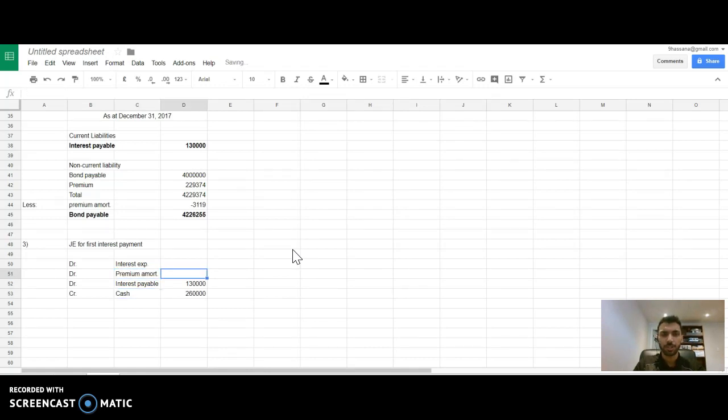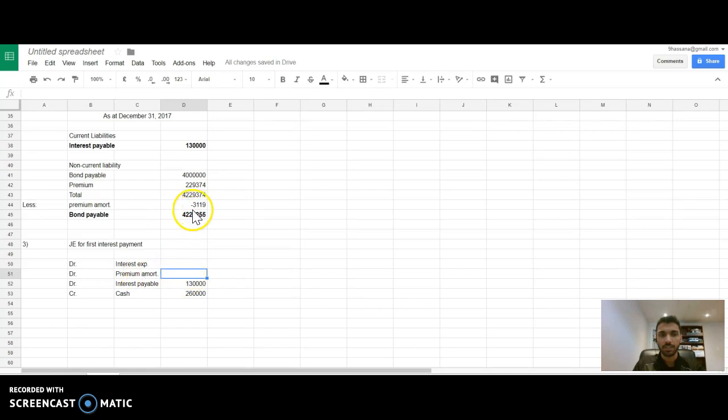Now, the way this question works is, given that the interest is paid annually, the premium amortization is not calculated by reducing the remaining amount and then calculating the amortization again.